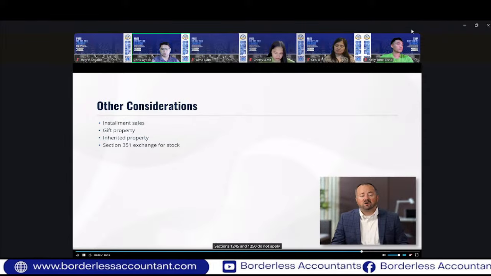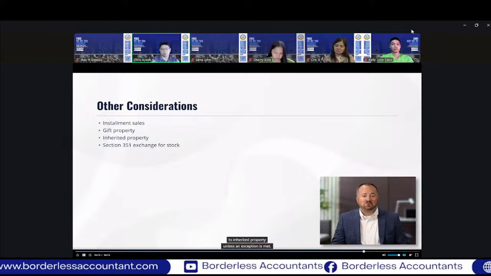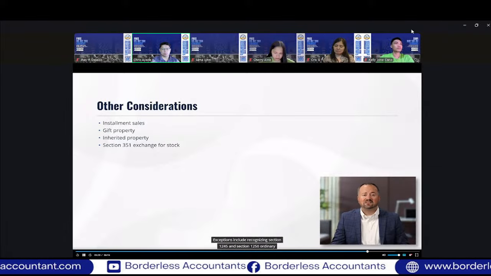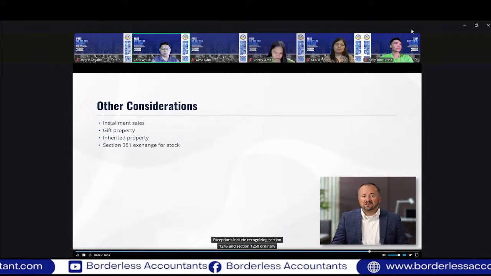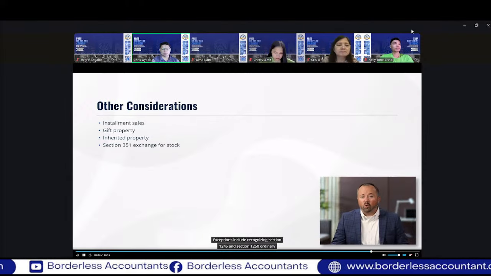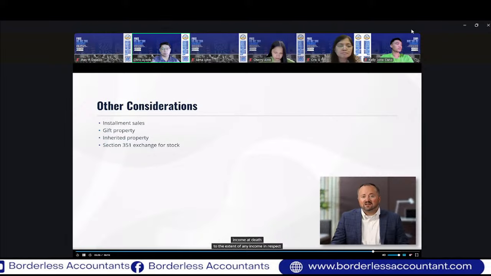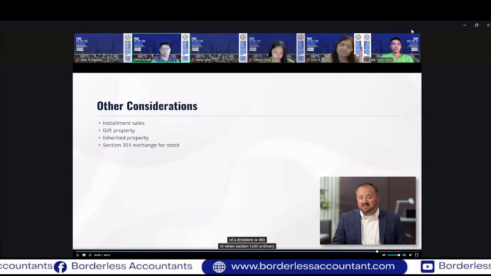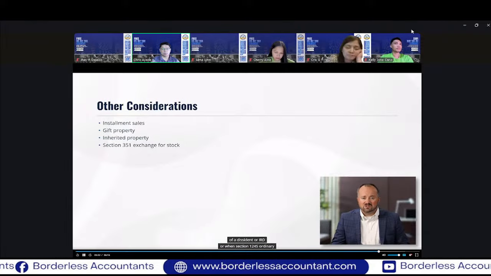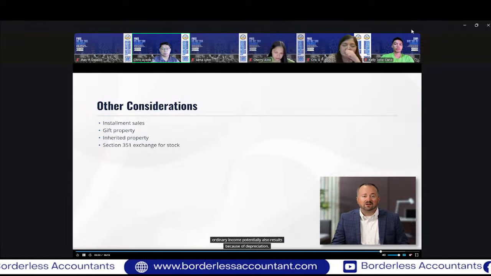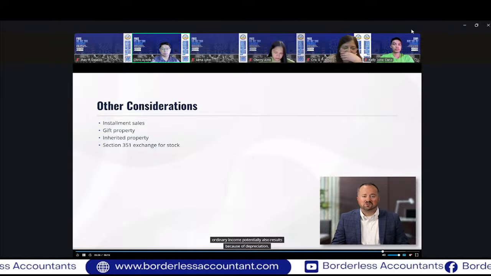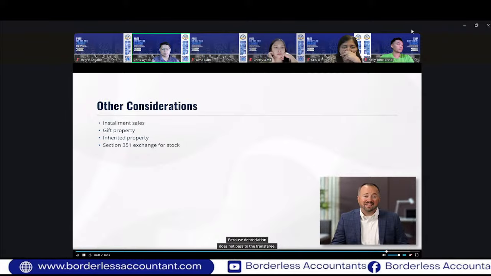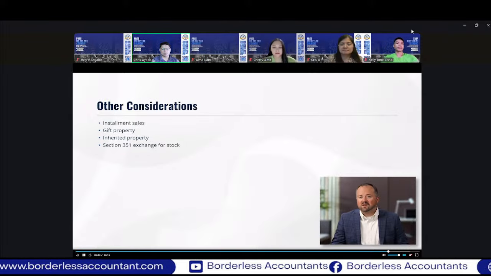Sections 1245 and 1250 do not apply to inherited property unless an exception is met. Exceptions include recognizing Section 1245 and Section 1250 ordinary income at death to the extent of any income in respect of a decedent, or IRD, or when Section 1245 ordinary income potentially also results because of depreciation, because depreciation does not pass to the transferee.